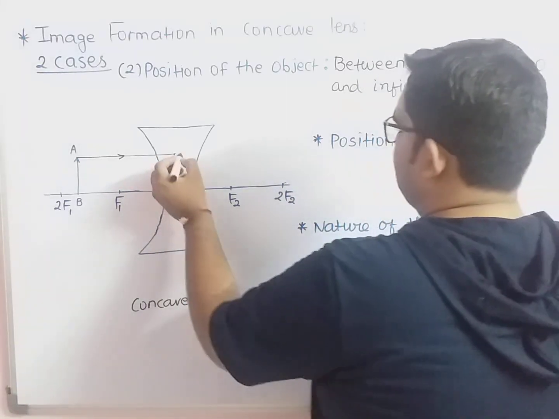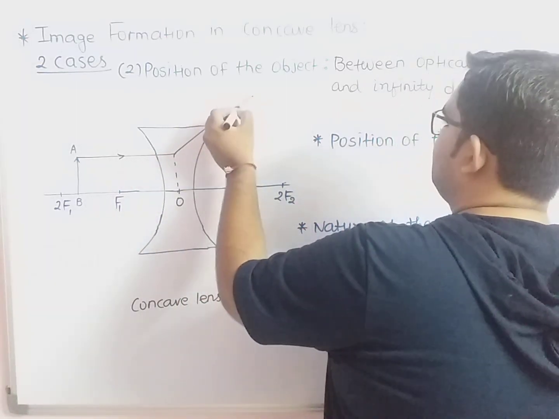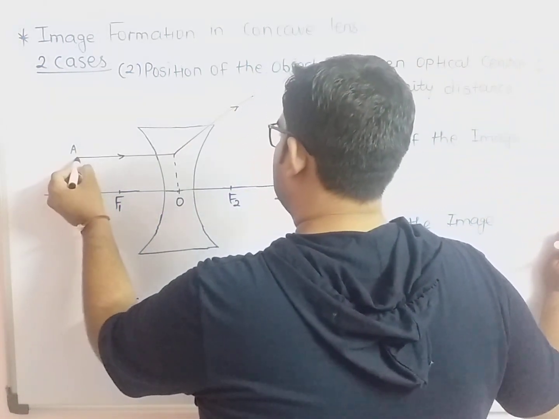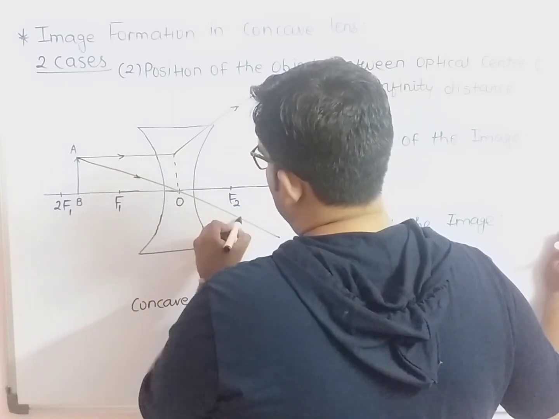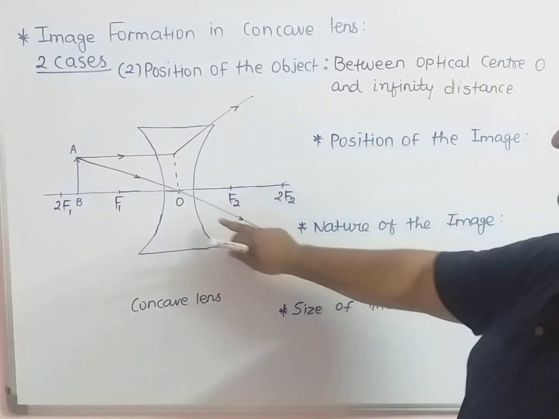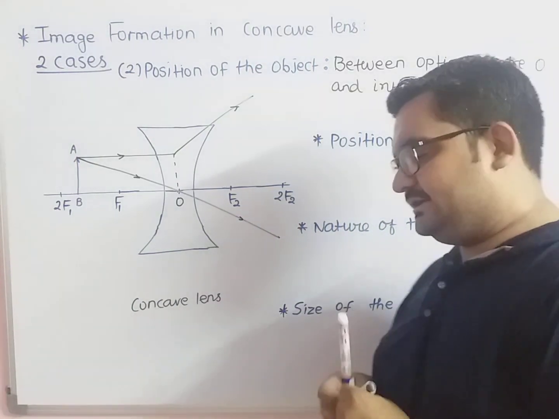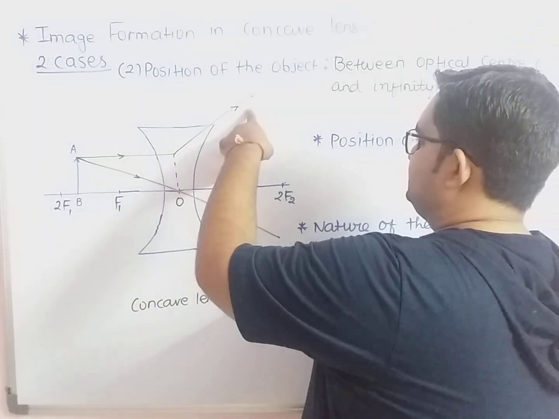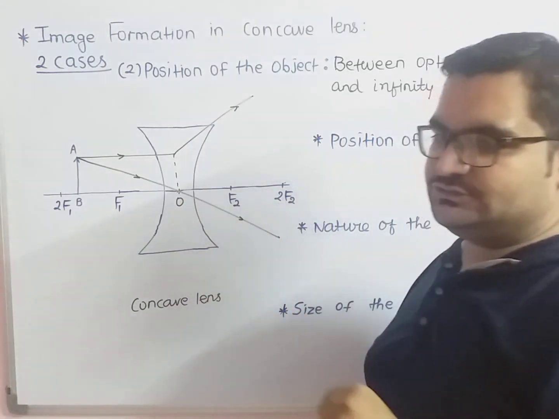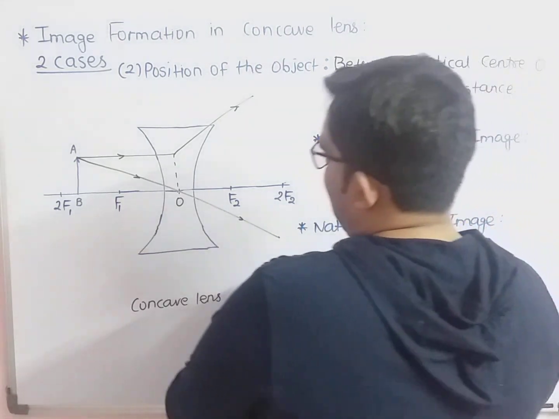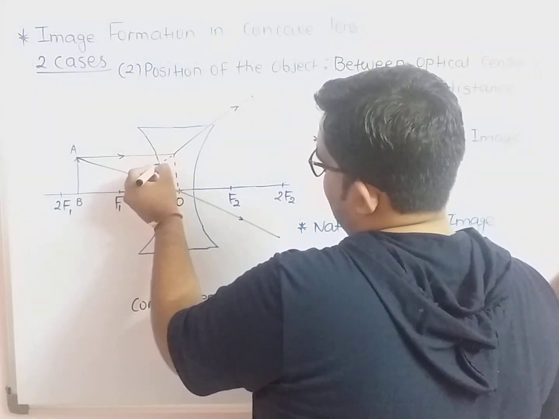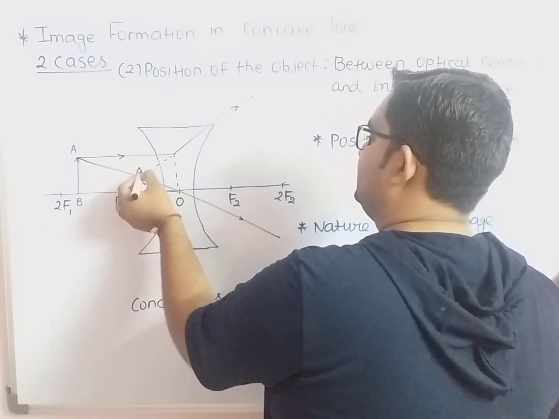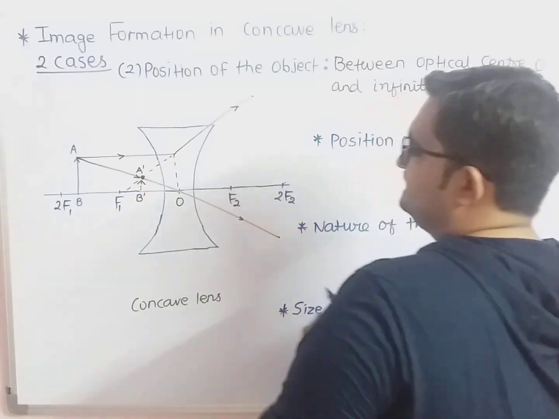After reaching O, this ray after refraction becomes diverged, and the second ray is passing through the optical center O. So we know when a ray passes through the optical center O, it does not change its direction. Now dear students, you can see both rays do not actually meet. So if I extend this line like this, here I get the image. Let us name it A dash B dash.